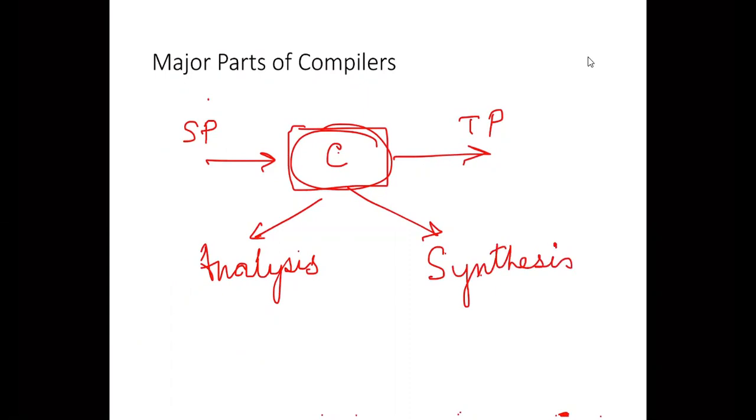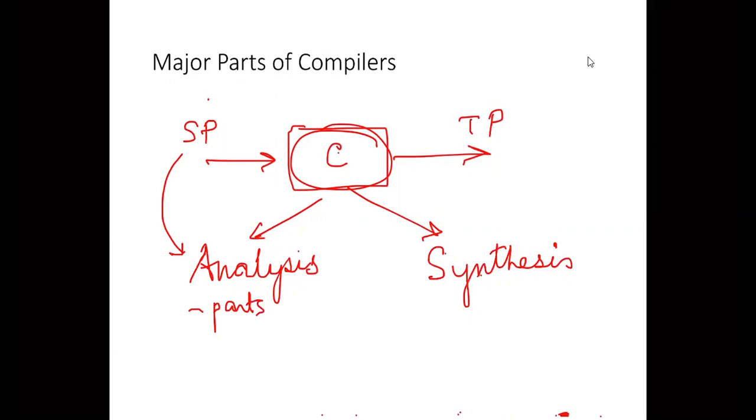So what is this analysis and what is this synthesis? In the analysis, we are given this source program in a high level language, and the analysis breaks it down into its smaller parts, or the components of the program.